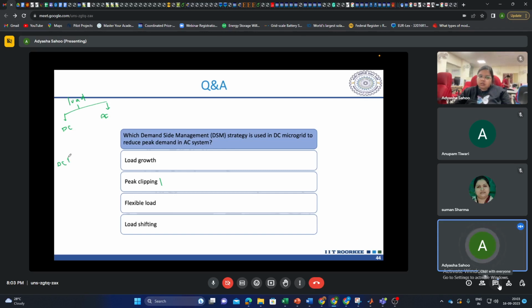Using the DC microgrid, if these DC loads can be met, then the amount of AC load, or the total load in the system, can decrease because we are supplying the power locally. We are not shedding any load here. So it is basically shifting of loads, shifting from the distribution system to the DC microgrid.